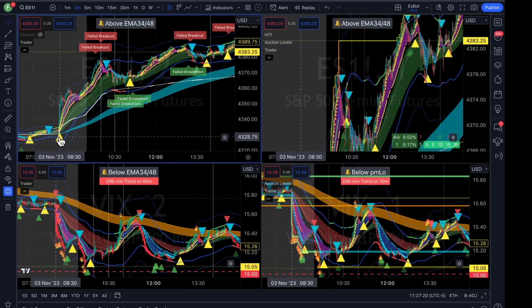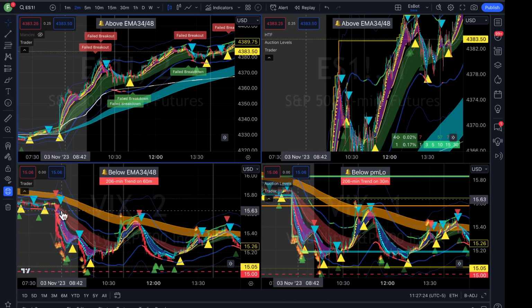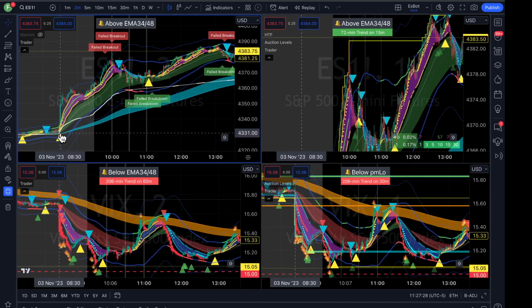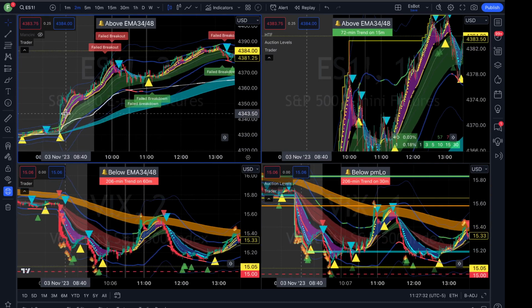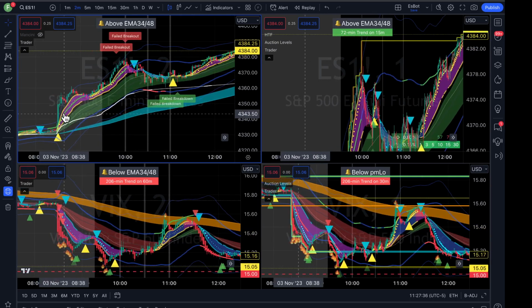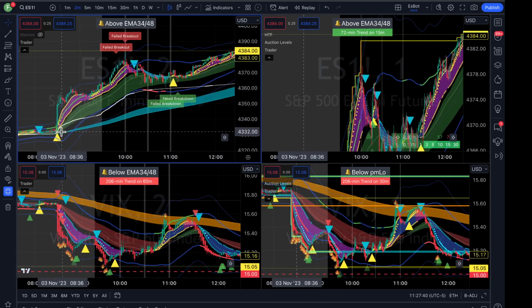So when we get in here, we see a yellow triangle on ES, a blue on VIX. Then we're saying we want to buy, we want to get into calls. And we also want to stay in calls as long as we're above the danger zone, the purple thing, and it has a yellow outline.